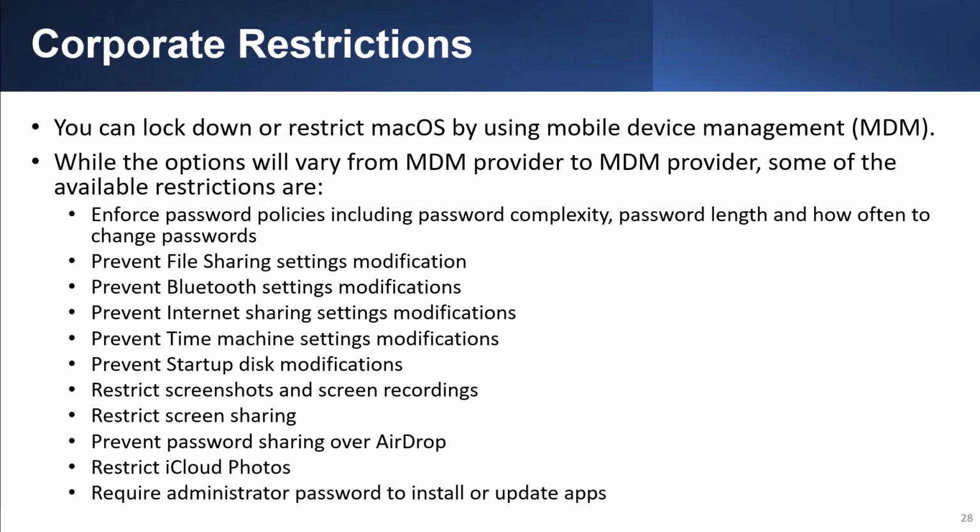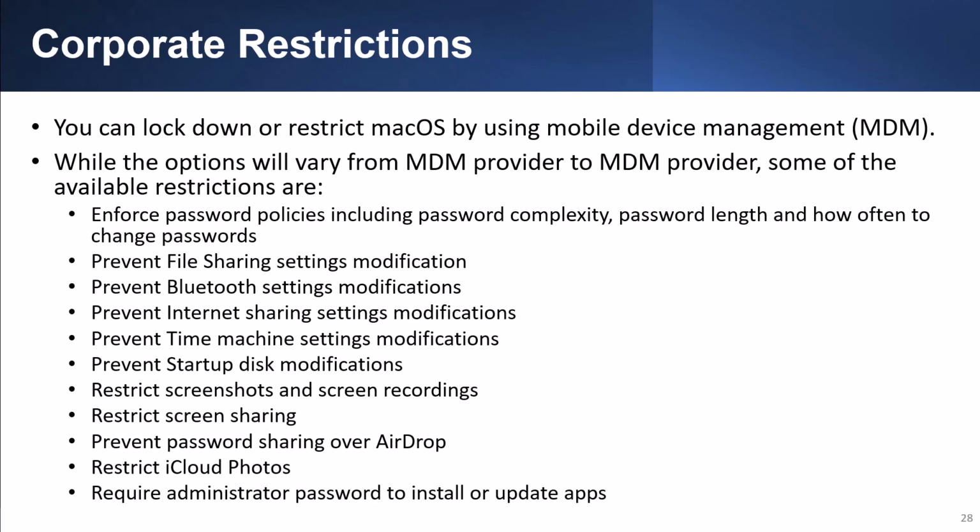You can lock down or restrict macOS by using Mobile Device Management or MDM. While the options will vary from MDM provider to MDM provider, some of the available restrictions are enforced password policies including password complexity, password length, and how often to change passwords. Prevent file sharing settings modifications.